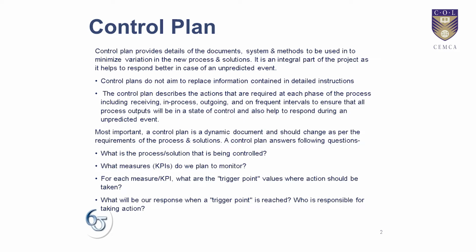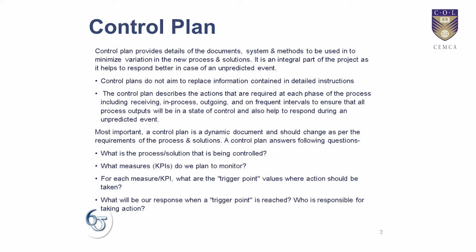Our process will produce certain outputs that the customer should perceive as improved. The control plan has to ensure these outputs stay in a state of control and meet customer requirements. Earlier we were not able to meet customer requirements, but with the new solutions the process should be able to, and the control plan should control this entire circumstance.